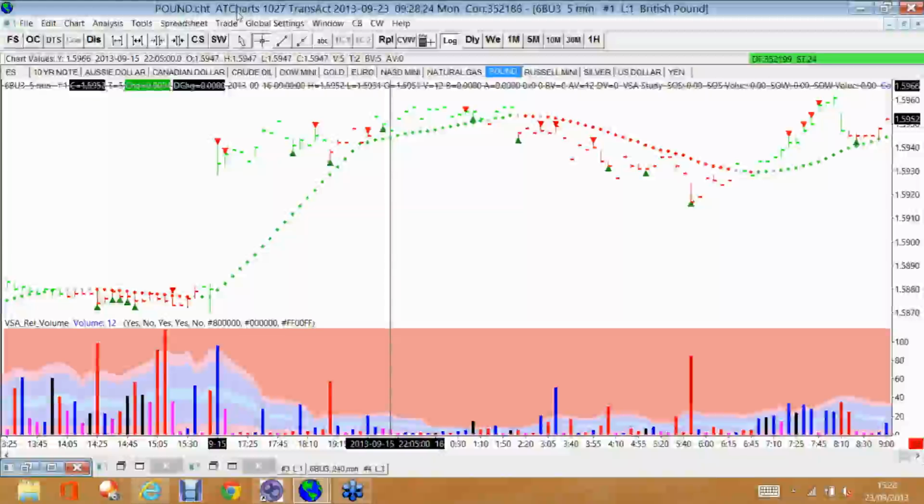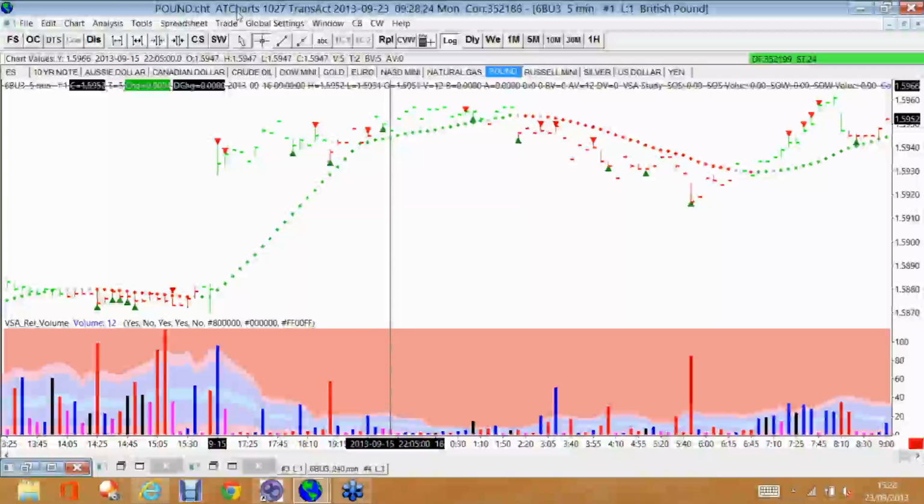It's quite interesting watching the two together. Gold is really not doing anything much, other than just drifting up.